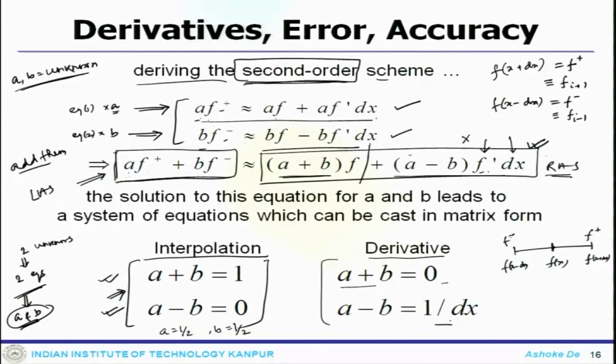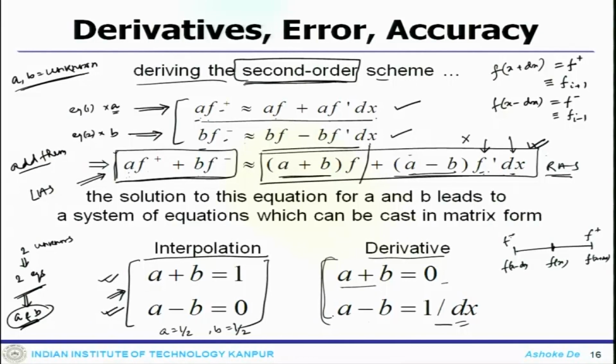Why? Because I want only f prime to be present. I have to get rid of completely this term along with this dx. So, no matter what value A minus B has, it should be divided by dx. So, this dx gets cancelled off, you get a system of equations.